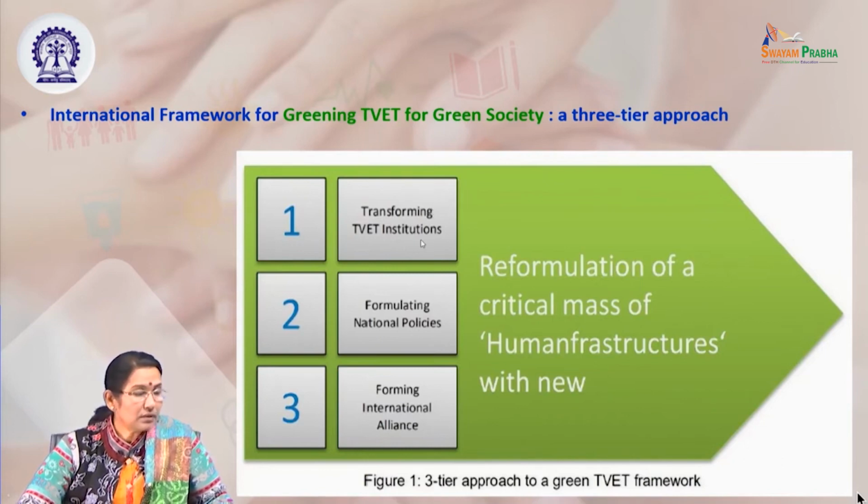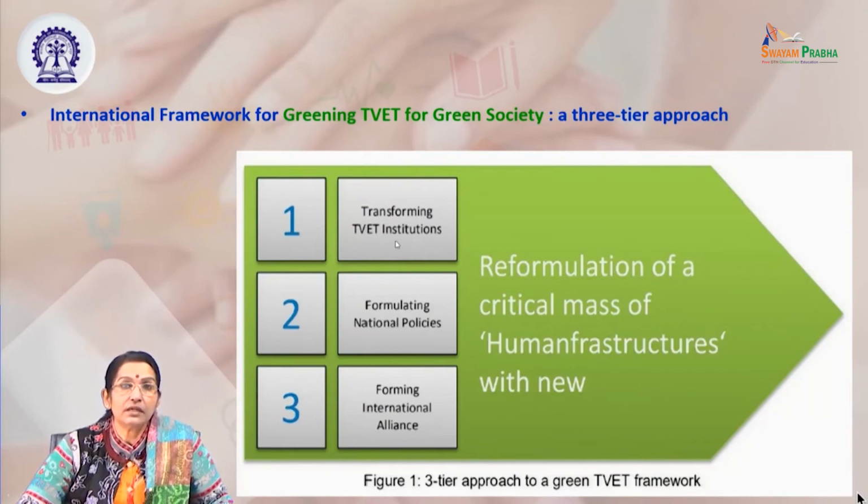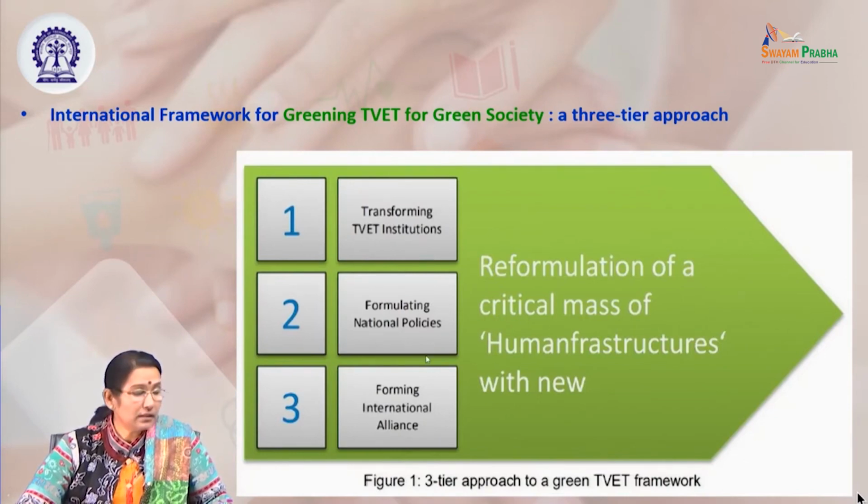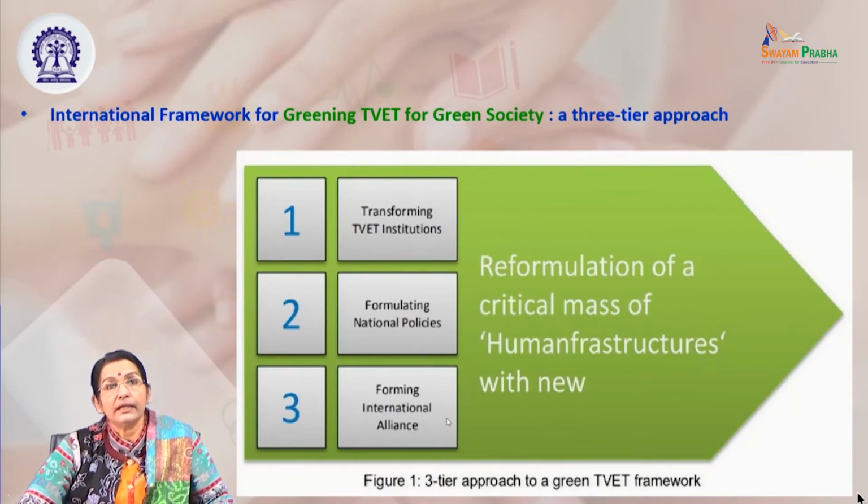We have to completely change and bring a 360-degree transformation to these TVET institutions. Then formulating new national policies, and then forming the international alliance, that is, collaboration. So, first we have to totally transform our existing TVET institutions.